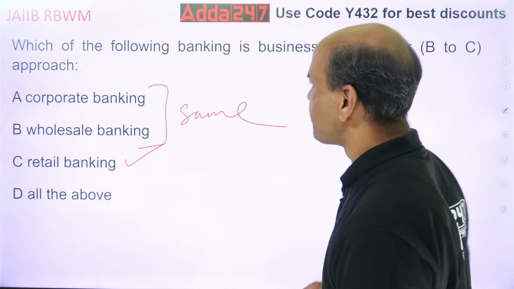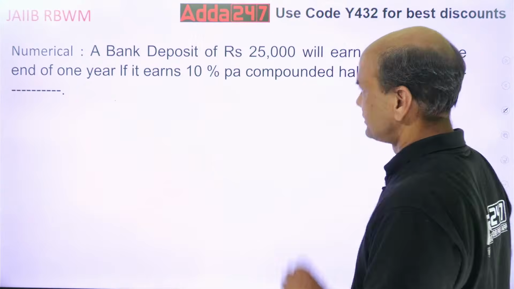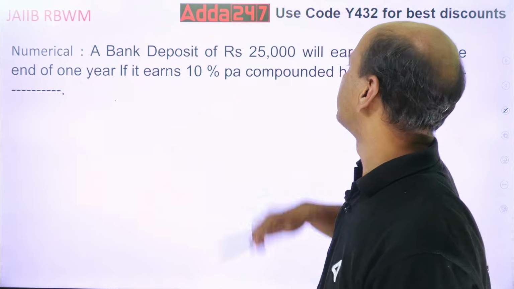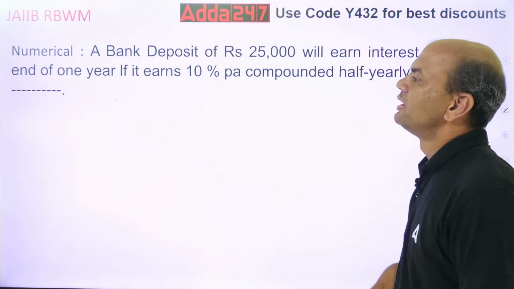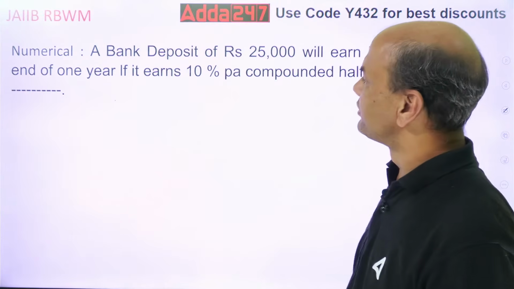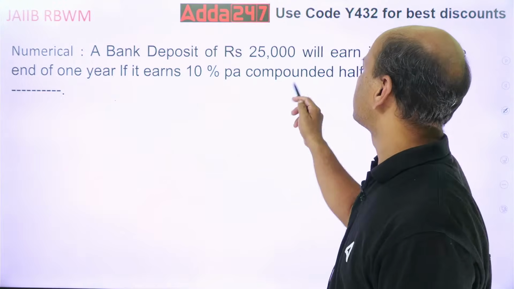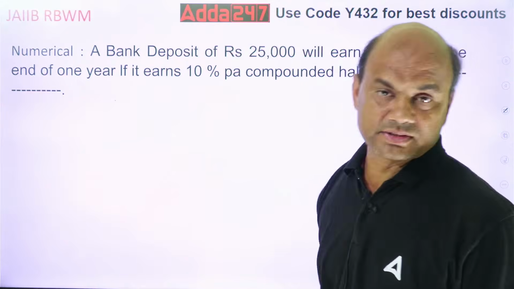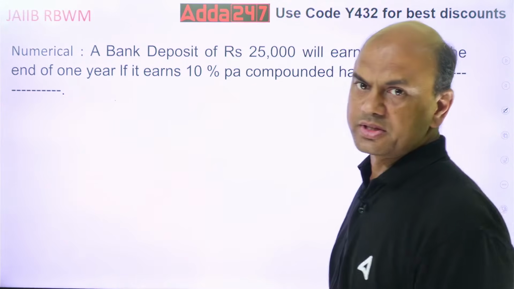Got it? Numerical. A bank deposit of 25,000 will earn interest at the end of 1 year if it earns 10% per annum compounded half yearly, then the interest is. Try this everyone.